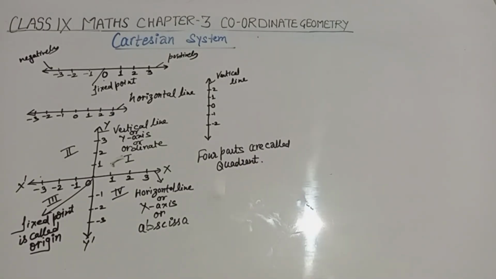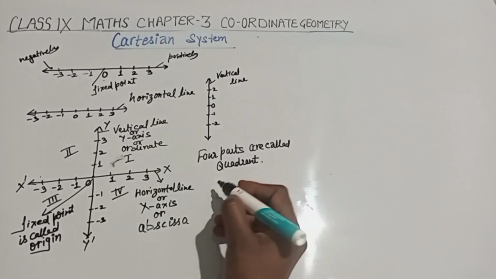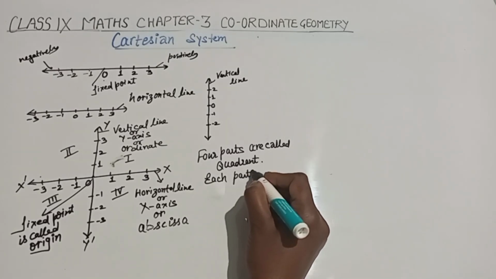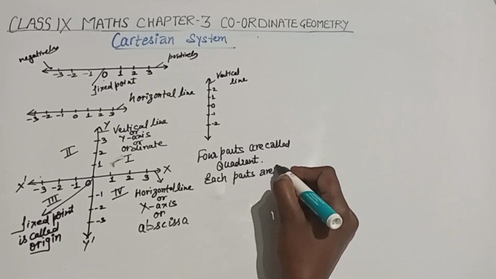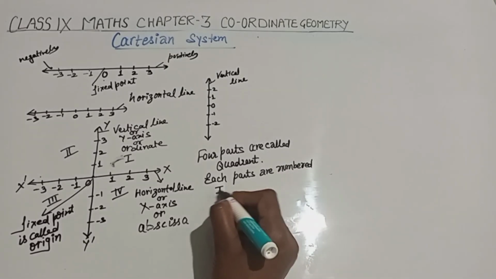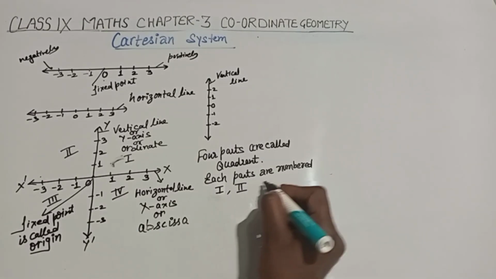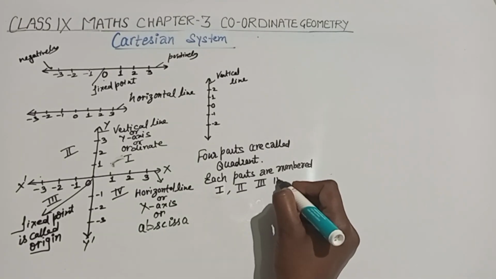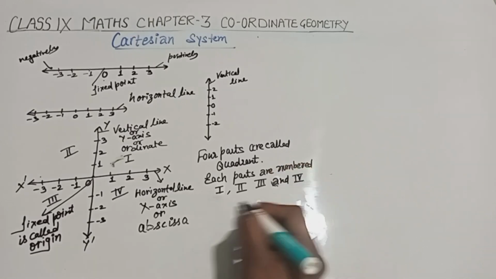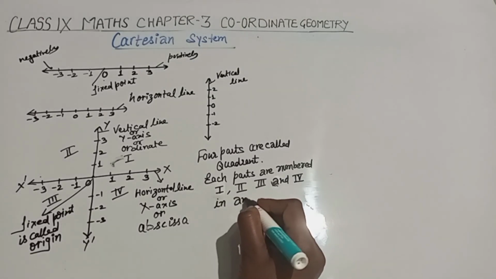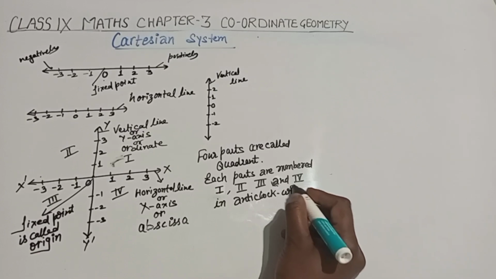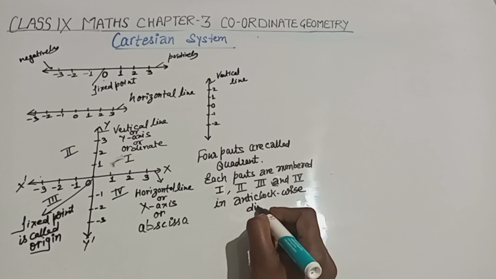Four parts are called quadrants, and each part is numbered first, second, third, and fourth in the anti-clockwise direction.